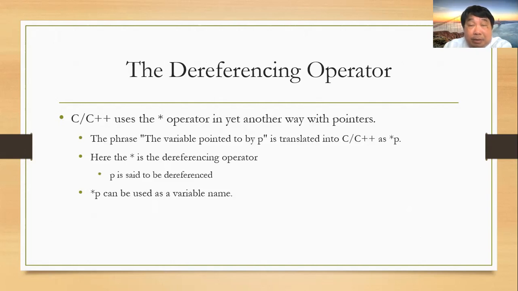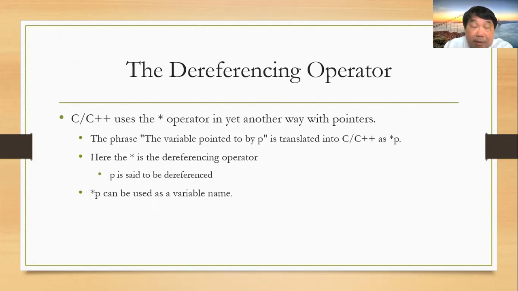The next interesting operator we want to learn about pointers is the dereferencing operator. C++ uses the asterisk operator in another way with pointers. The phrase "the variable pointed to by P" is translated into C++ as asterisk P. Here, the asterisk is the dereferencing operator, and P is said to be dereferenced.